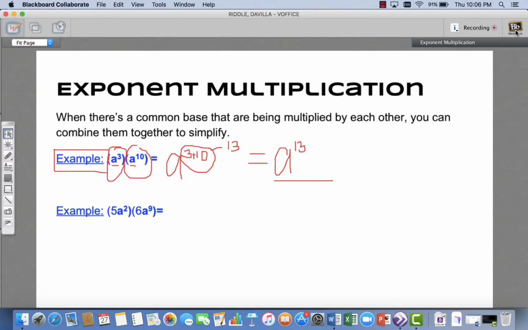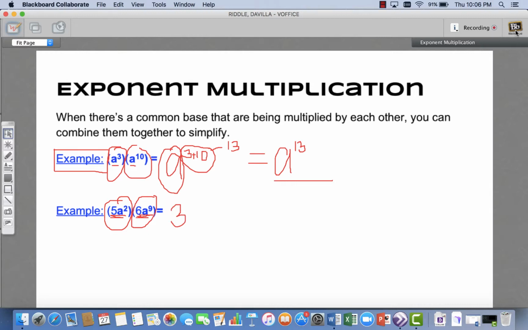Next, we see that there is also a common base, but this may be a little trickier to look at first. We see that there's a 5 and a 6, but we should also pay attention that it's actually 5a squared and 6a to the 9th power. First, instead of rewriting the base the same way, we're going to multiply the 5 and the 6 together this time.